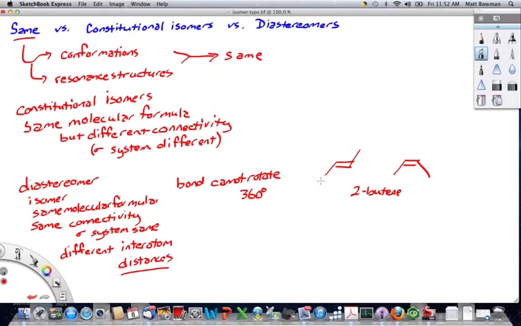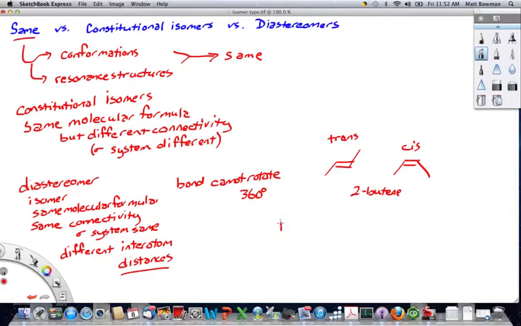The only difference between these is that in this example, this methyl group is further from this methyl group than these two methyl groups are. So oftentimes diastereomers have cis or trans prefixes. Like this is trans, this is cis, or E or Z prefixes.